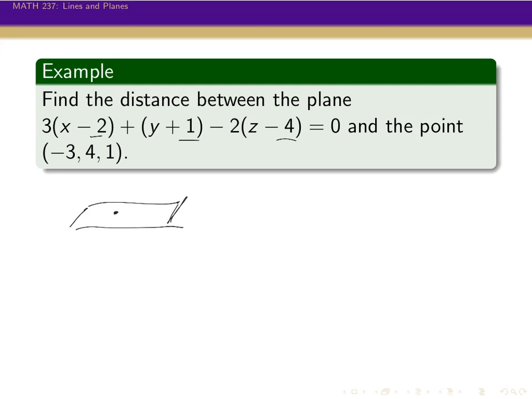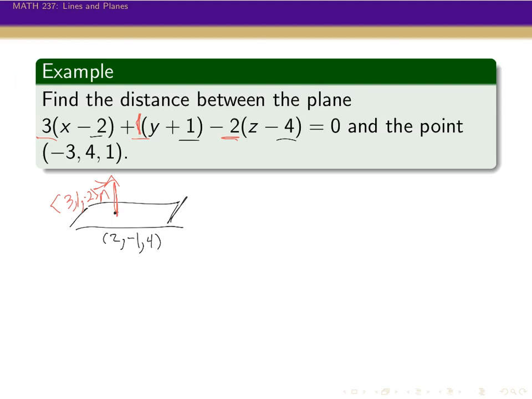And so it's going to contain the point, reading this off, 2, minus 1, 4. And then looking at the coefficients, there's a 3, a 1, and a minus 2. That's giving me the normal vector n. And so this is 3, 1, minus 2.